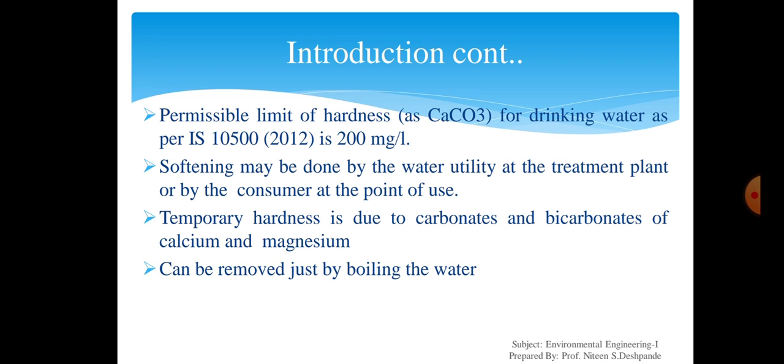Many water softening equipments are available in the market. Temporary hardness is due to carbonates and bicarbonates of calcium and magnesium. So as we have seen, there are two types of hardness, temporary and permanent. The temporary hardness can be removed just by boiling the water.